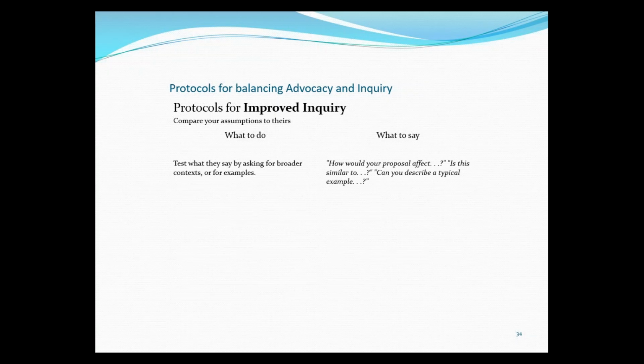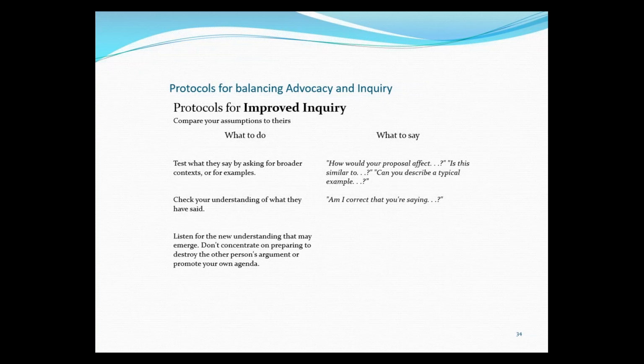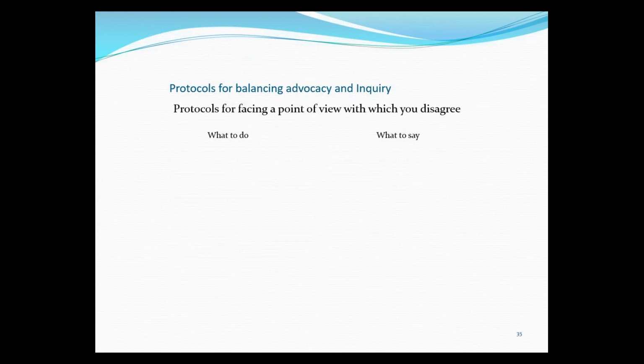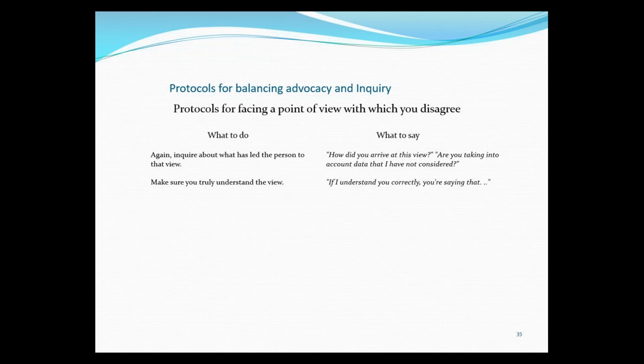And here are some other quick examples. How would your proposal affect? Can you give me an example? Or let's delve more deeply into this. And am I understanding you correctly? And then of course there's what to do, in that balance of advocacy and inquiry, when we're talking with someone who disagrees with us.